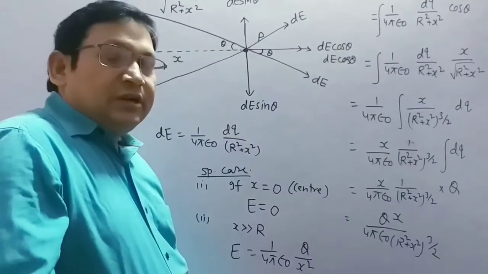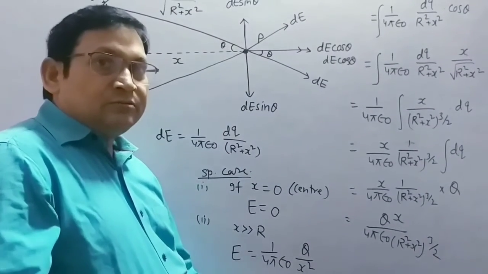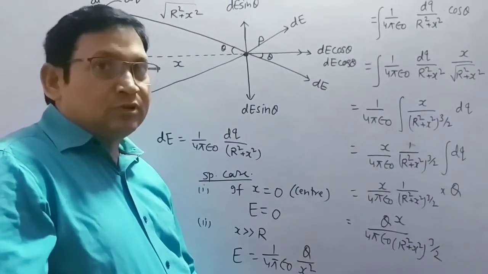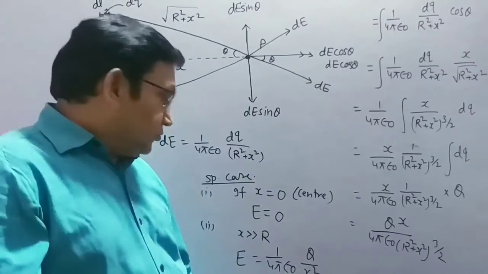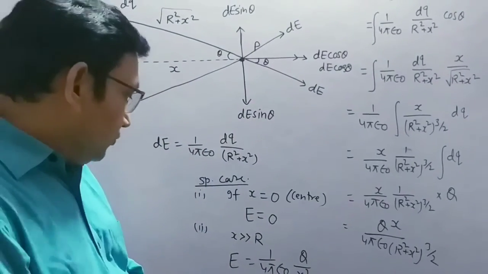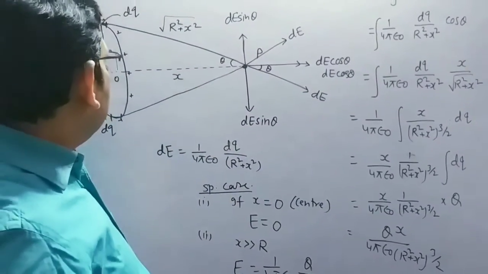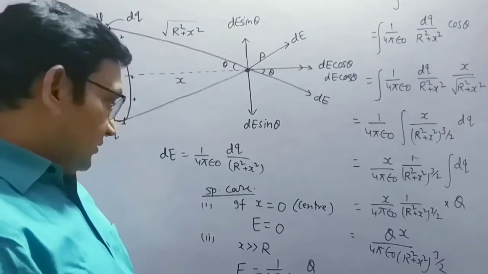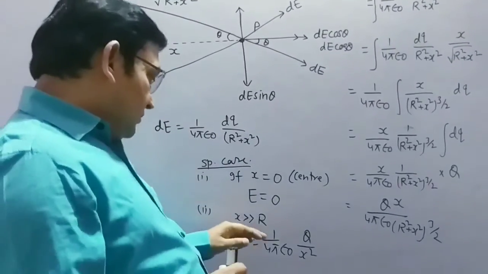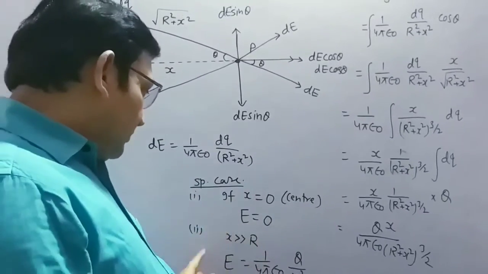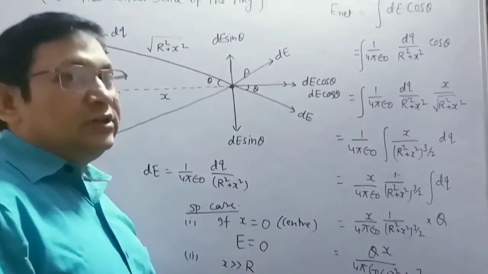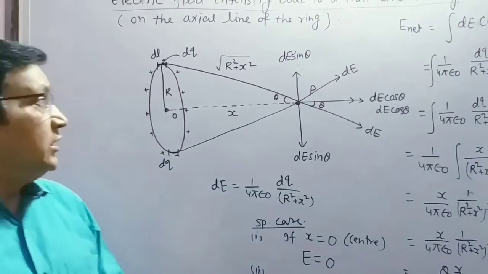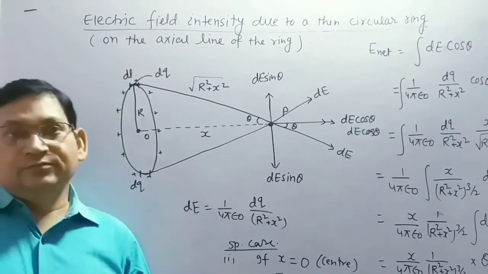This electric field intensity is similar to the electric field intensity due to a point charge. So for large distance, we assume that the entire charge of the ring is concentrated at the center of the ring. So that is the observation from this result. So that is the electric field intensity due to a charged ring.